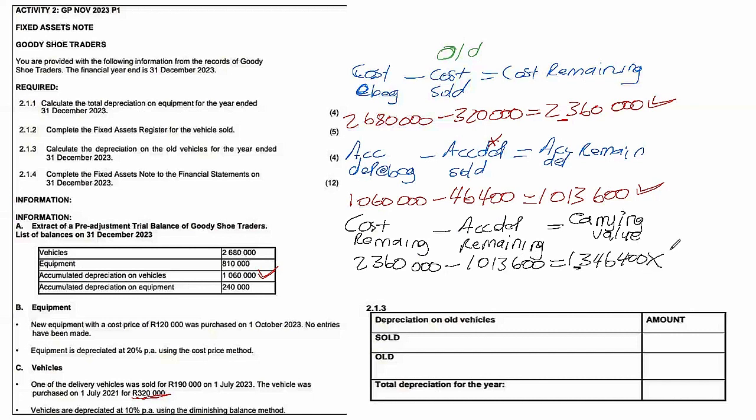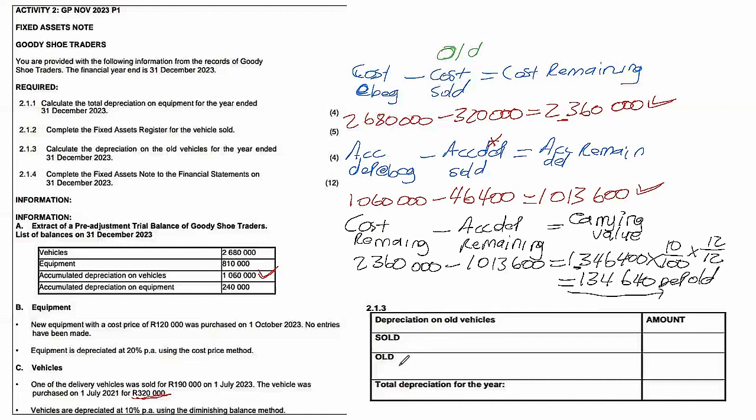Depreciation on these vehicles was what? Was 10%, right? Remember, for old it's always 12/12. So meaning our depreciation on old asset is 134,640. This is depreciation for old, right?